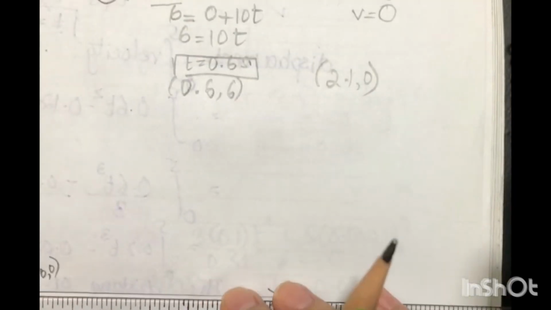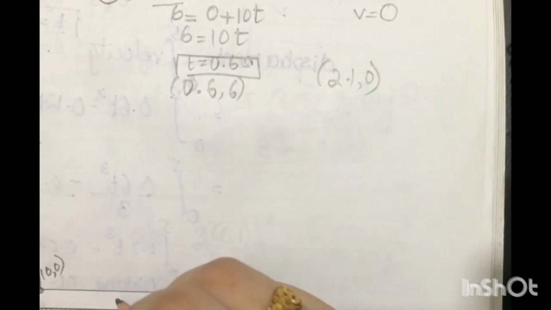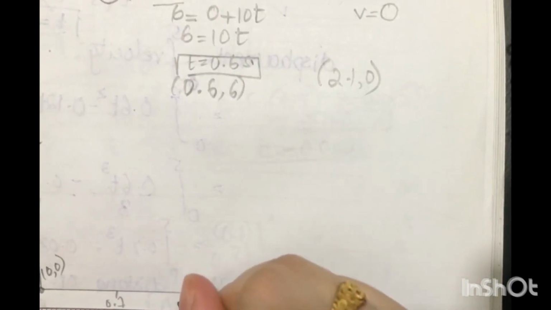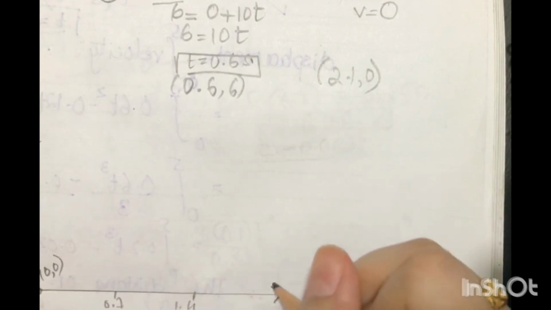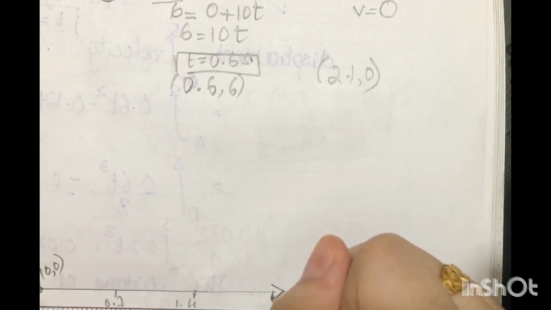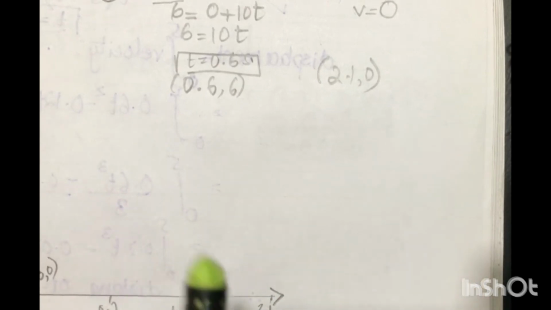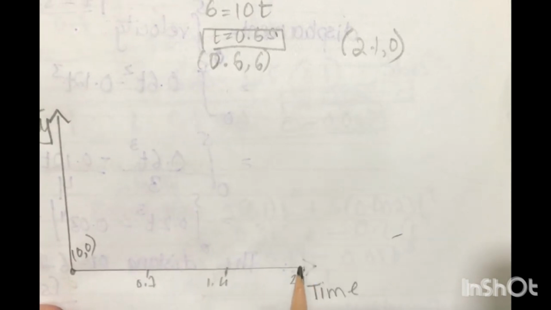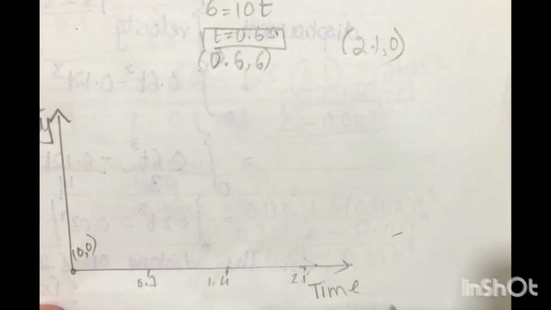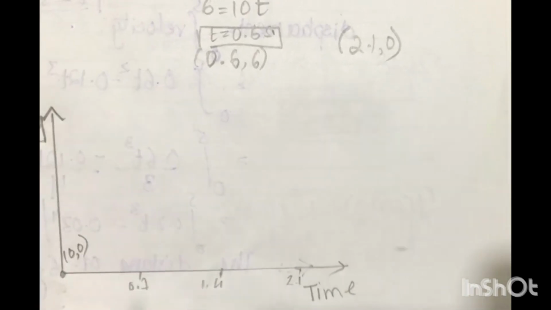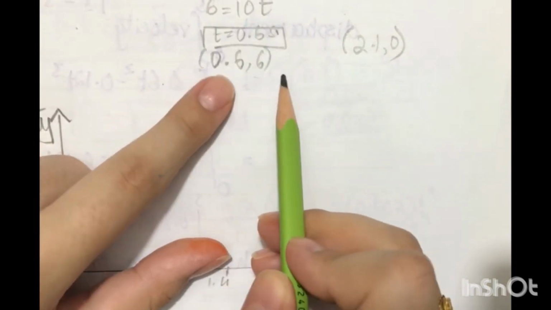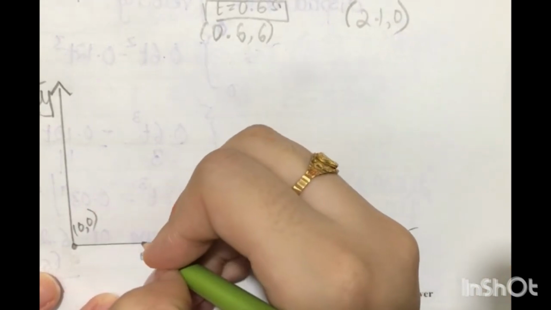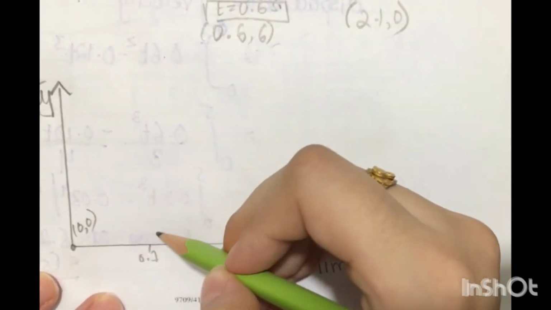So this will be 0.7, this will be 1.4, and then this will be 2.1. Let's extend this a little bit to make it more neat. And at 0.6 we have velocity 6. So 0.6 will be about here, close to 0.7.